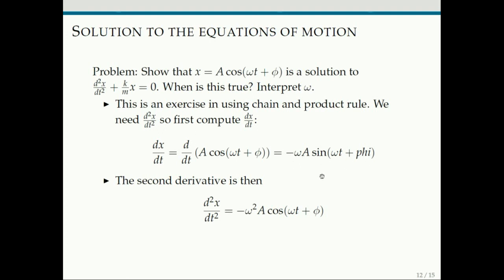The second derivative is simply, again, we differentiate this expression with respect to time, and we end up with minus omega squared out front, and a cosine(omega t plus phi). In both of these cases, I have used those rules. The derivative of the cosine is minus sine, that's why there's a minus sign, and the derivative of sine is cosine. So we needed to use the chain rule.